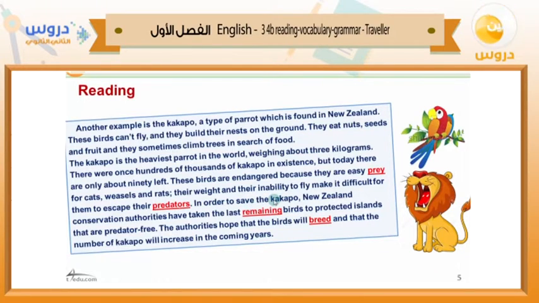In order to save the Kakapo, New Zealand conservation authorities have taken the last remaining birds to protected islands that are predator free. The authorities hope that the birds will breed and that the number of Kakapo will increase in the coming years.